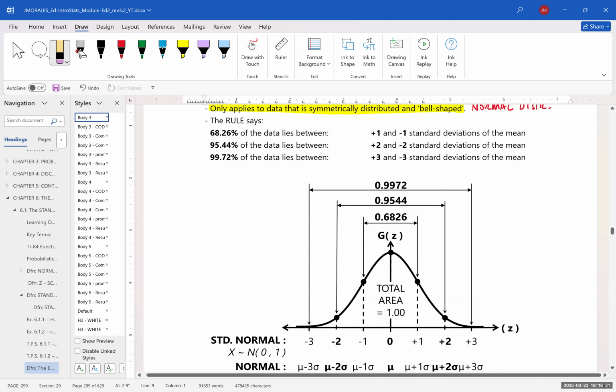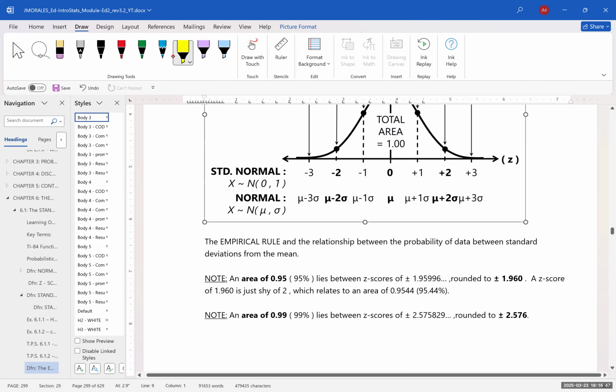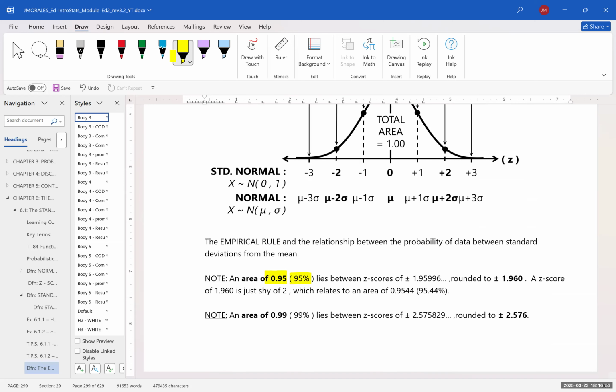Now, there's a couple other percentages, probabilities that are important. Most people will think of a 95% probability, not a 95.44. So an area of 0.95, or a 95% probability, lies between plus and minus 1.960.